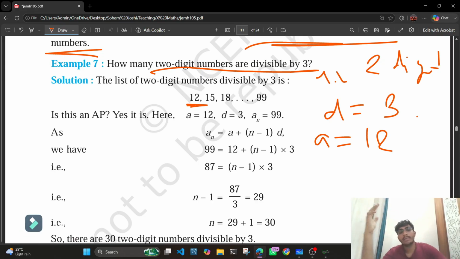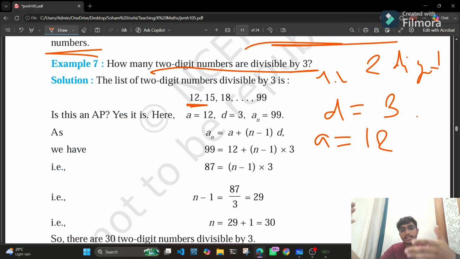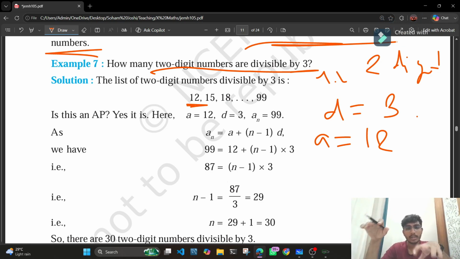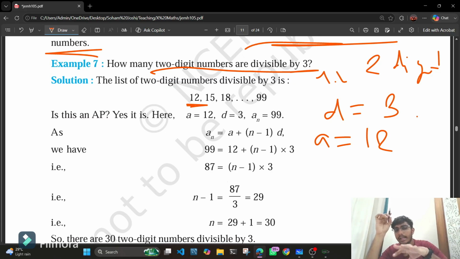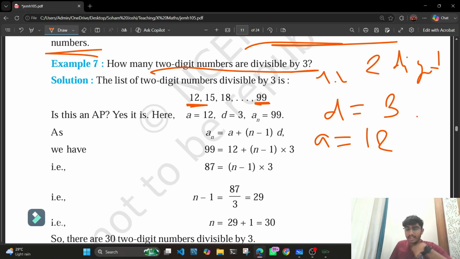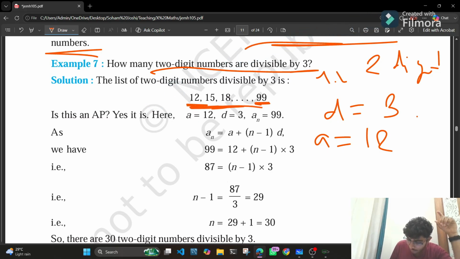Now we want two-digit numbers only. Our last two-digit number is 99, and after that we get 100, which is a three-digit number. Is 99 divisible by 3? 3 thirty-threes are 99, so yes. So we have got our A, our D, and our last term.